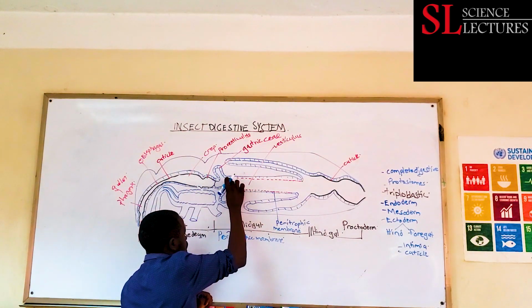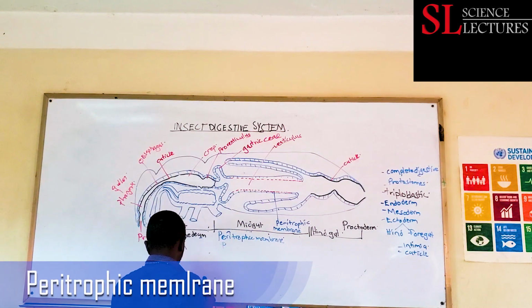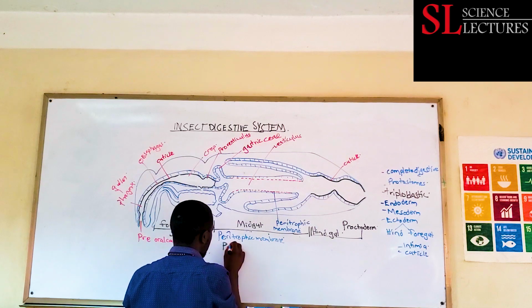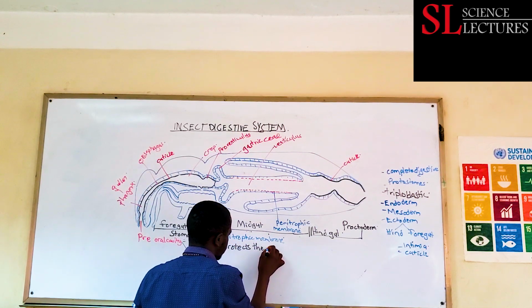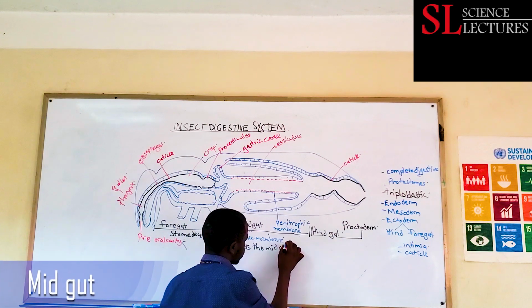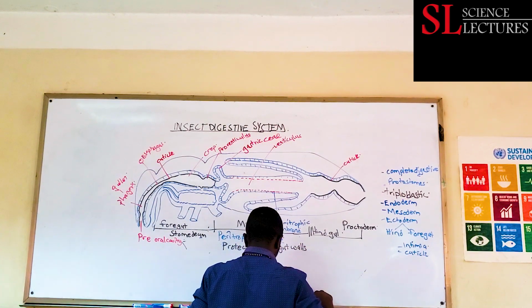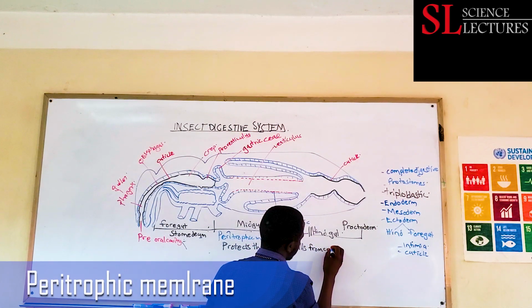This membrane's major role is that it protects the mid-gut walls from crushing by solid foods.